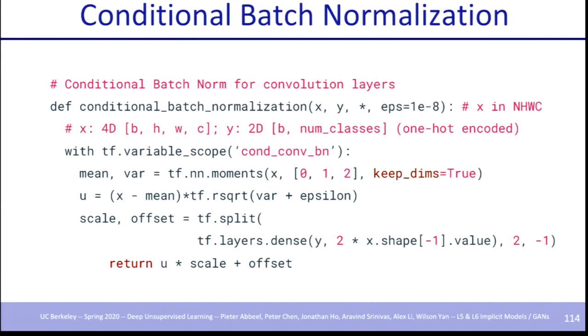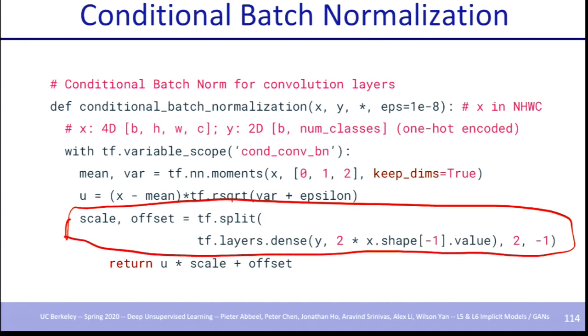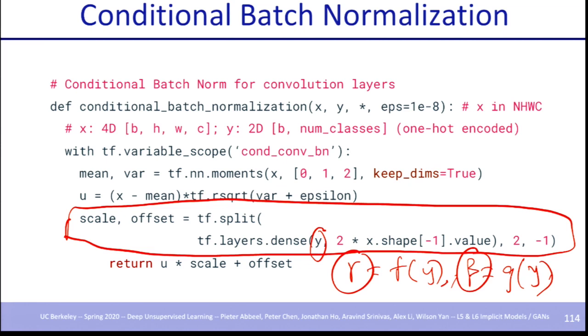Now, what happens in conditional batch norm is this particular term, where the gamma and beta are some functions of your class variable. So your gamma is some function of your y, and your beta is another function of your y. And these gammas and betas are what is used to do the affine transform of your normalized input.